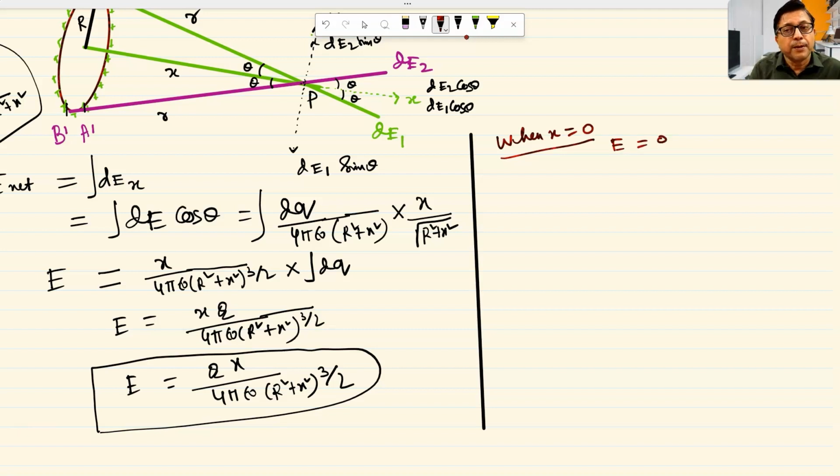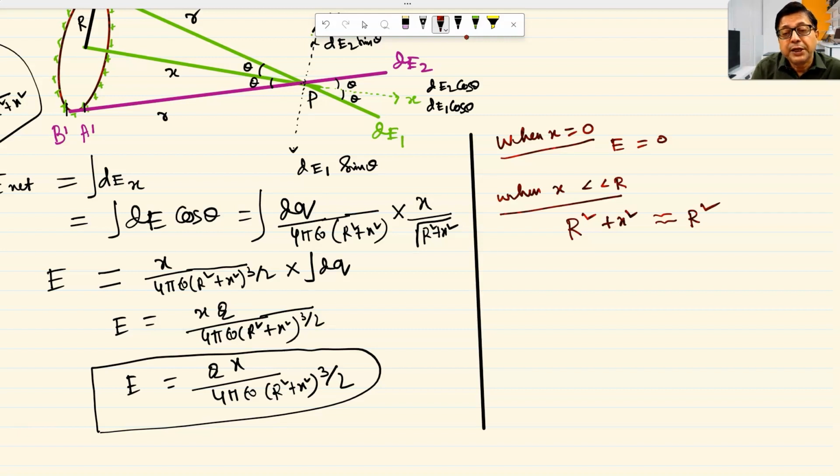Okay. If the distance x is very close, when x is much smaller than r, the radius, then what will be the strength of electric field? X is very much smaller than r. So this time we can write that r square plus x square is approximately equal to r square, because x is very small compared to r.